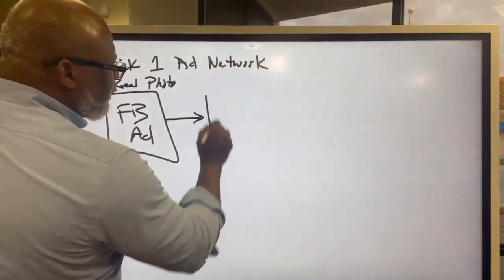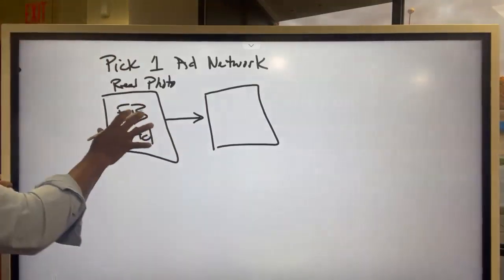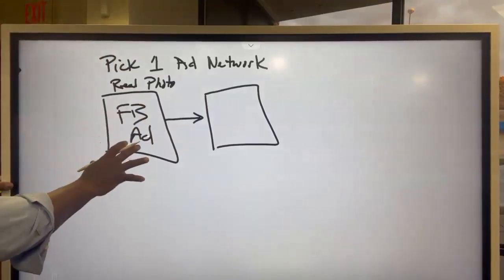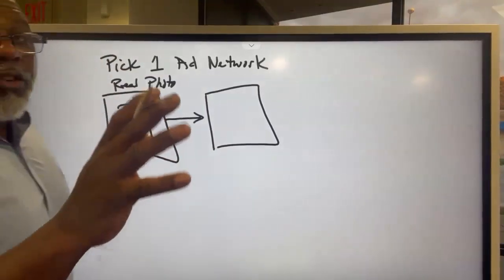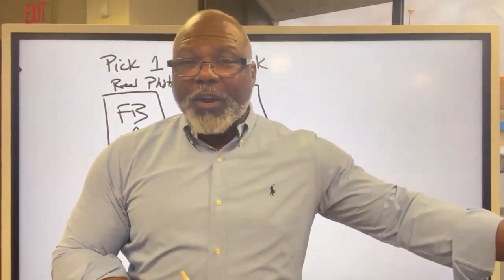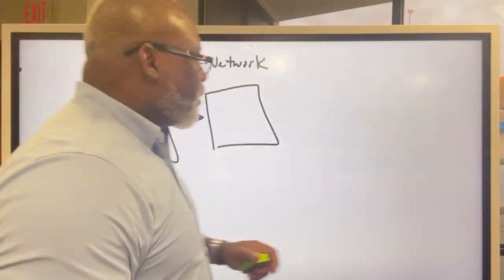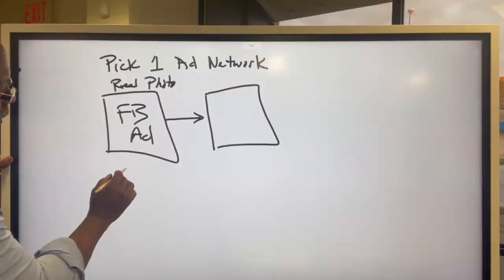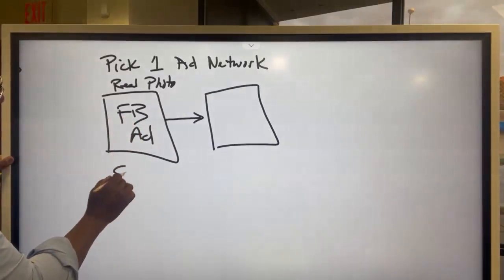And now, how will you know that this ad is working? This is going to be a lead generation ad. We're not trying to just run ads to brand ourselves. This is a lead generation ad. So you will know if this ad is working if you get clicks.